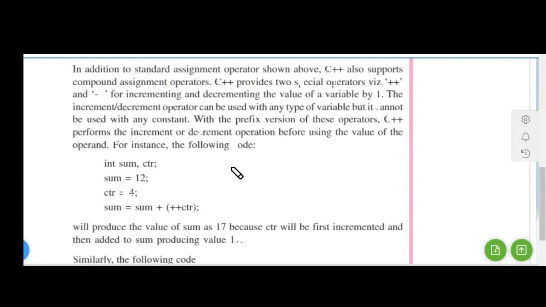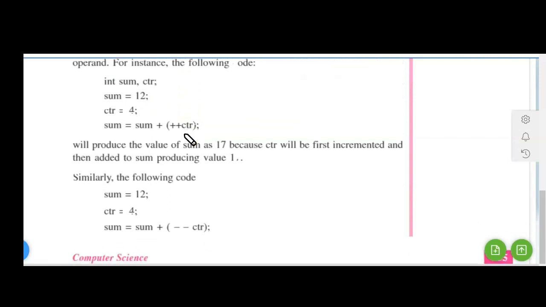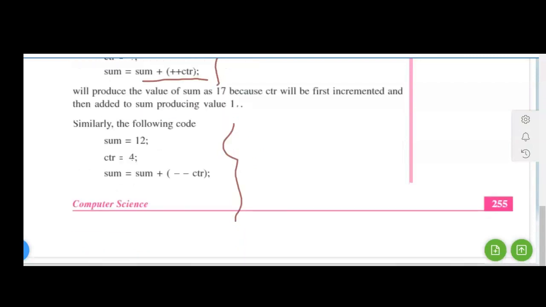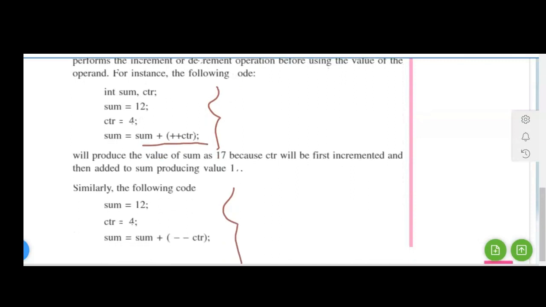That means its meaning is plus 1. If you're not familiar with programming, this may seem complicated, but once you use it in a program, it will become very easy. So instead of seeing it here, we can use it in a program later on, once you learn how to write a simple basic C++ program.